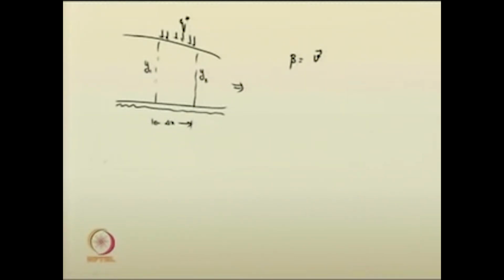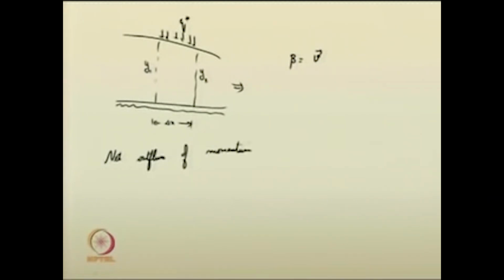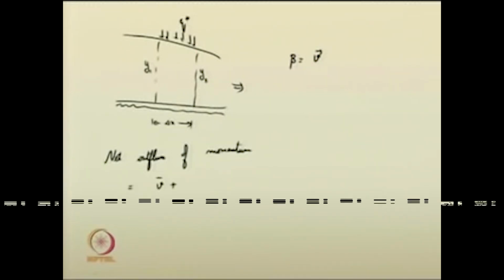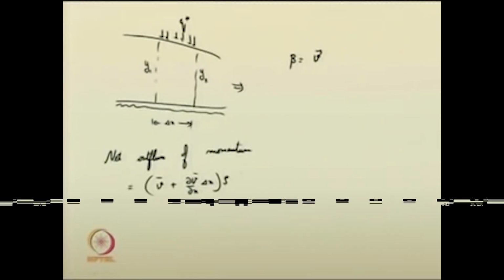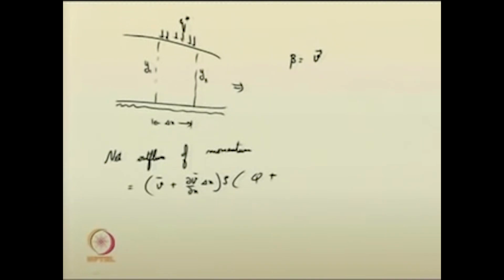Now the net outflux of momentum I can write, just recalling the continuity equation in a similar form. The net outflux of momentum across the control surfaces is equal to, first writing the outflux, rho into V plus dou V by dou x into del x, into Q plus dou Q by dou x into del x.